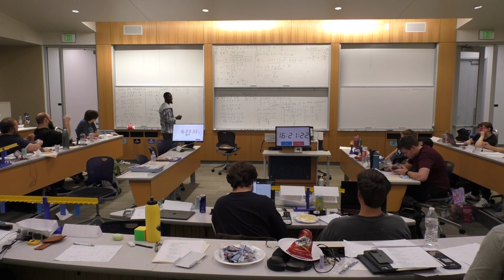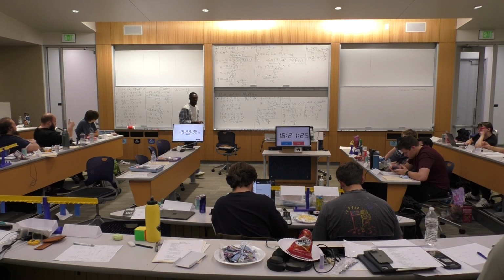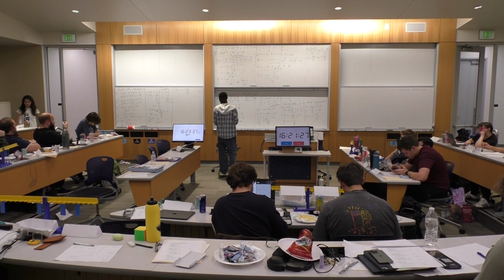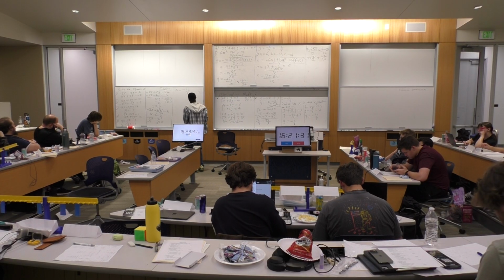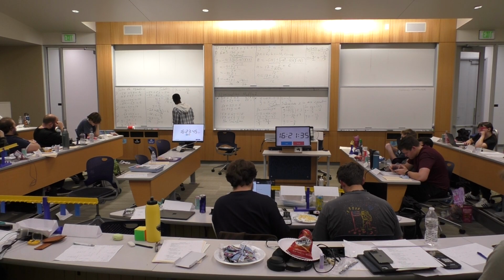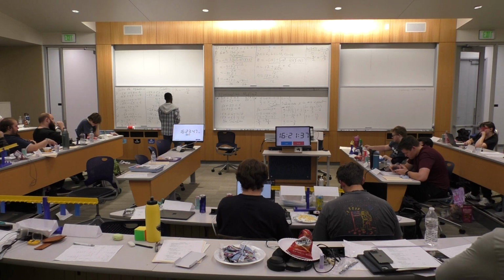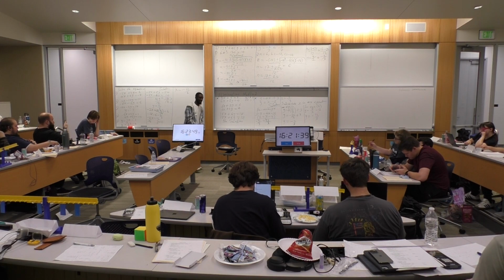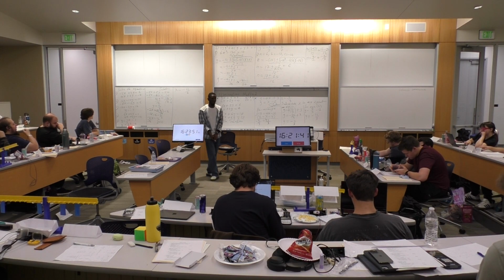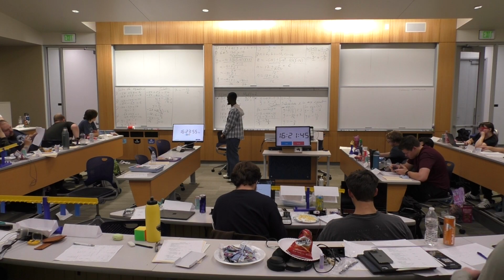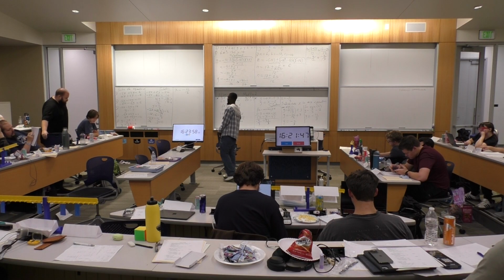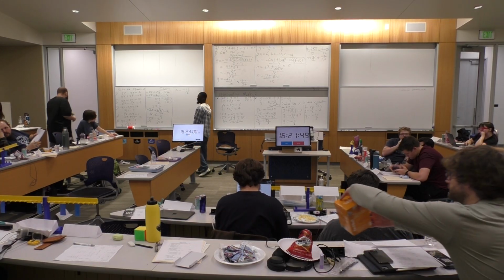Is that correct? Good. Okay, so the value of our x is negative 11 over 6, and the value of our y is 7 over 6.